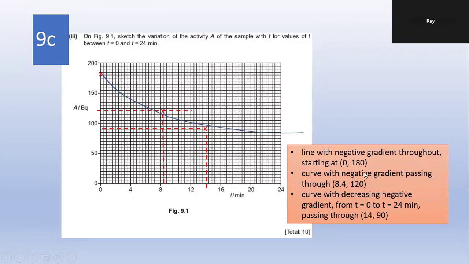A curve with a negative gradient, passing through this point, another mark, and then a curve with decreasing negative gradient from 0 to 24, passing through 14 and 90. Make sure your curve passes through all these 3 points, and then up to 24. Any comment? Anything not clear?